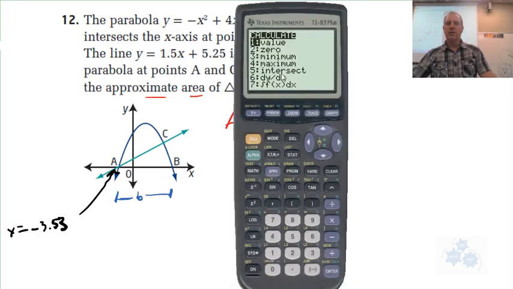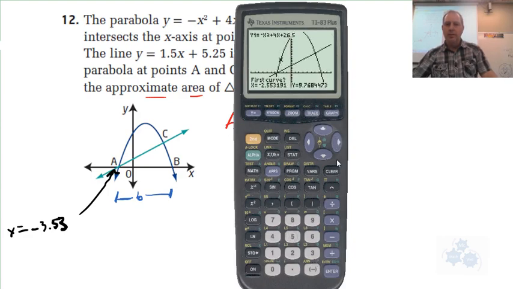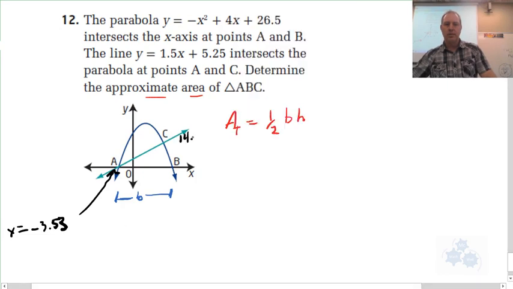Let's find the intersection point between the 2 graphs over here. And that's going to be a y value that we're interested in, 14.29. 14.29, that's the height here of the triangle.